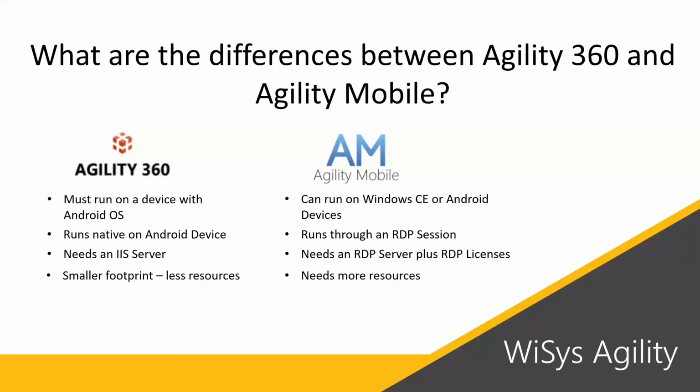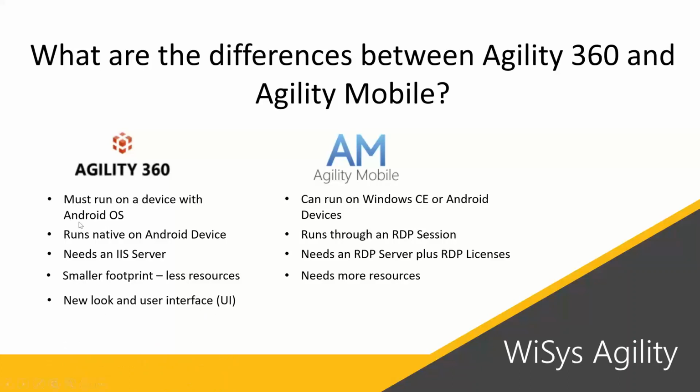So when they spun up an RDP server, they were experiencing some delays in the RDP transactions, and with Agility Mobile, they were struggling because of their internet and their infrastructure to get it to work. So we switched them over to Agility 360. They got an SSL certificate, and even though these locations had very minimal internet, they were able to successfully execute transactions using Agility 360. So that's an example of what I mean by a smaller footprint.